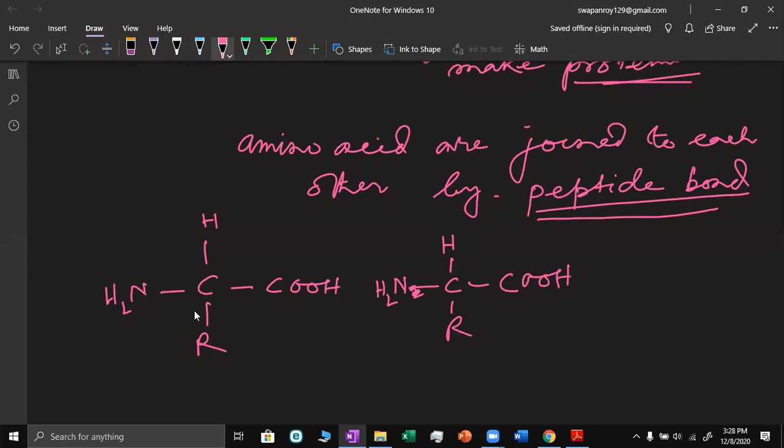Say if two amino acids are to join, here this one is the first amino acid and this is the second amino acid, then the bond is formed between the carboxylic group of the first amino acid and the amino group of the second amino acid.